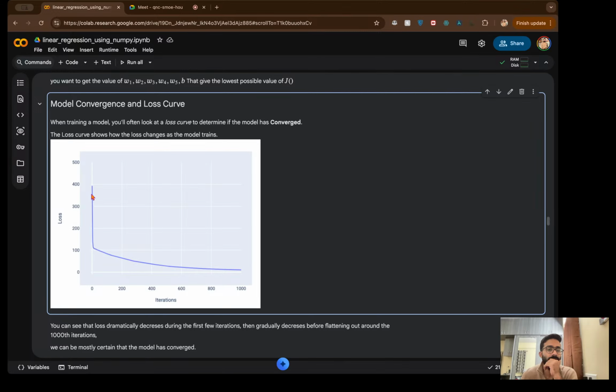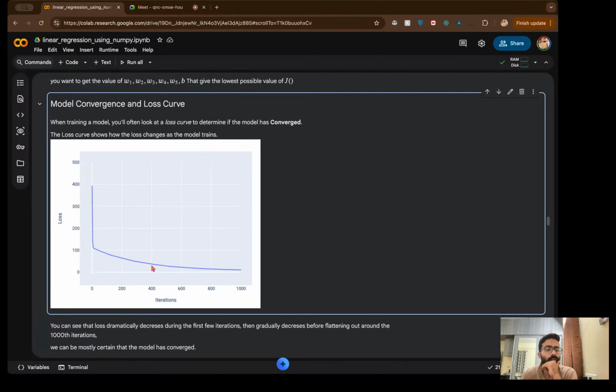Sorry, I'm wrong about that. Let's say on the 100th iteration it has already reached a loss of about 90. On the 200th iteration it is somewhere around 80, let's say.